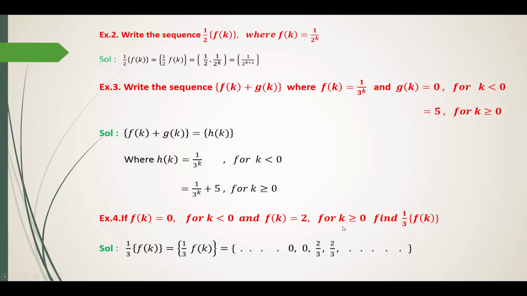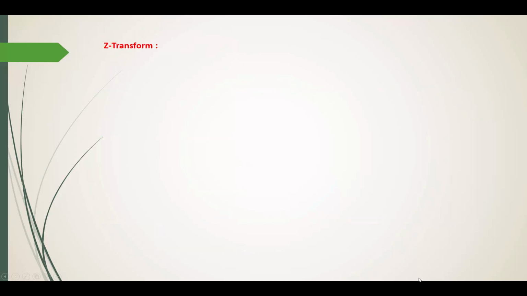For k equal to 0, f is 2, so 1 by 3 times 2 is 2 by 3. For k equal to 1, 2 times 1 by 3 is 2 by 3. For k equal to 2, again 2 by 3. So the previous terms are 0, 0, and the next terms are 2 by 3, 2 by 3. This is the answer, 1 by 3 times the sequence f of k.